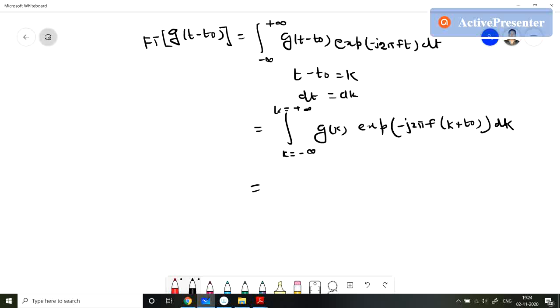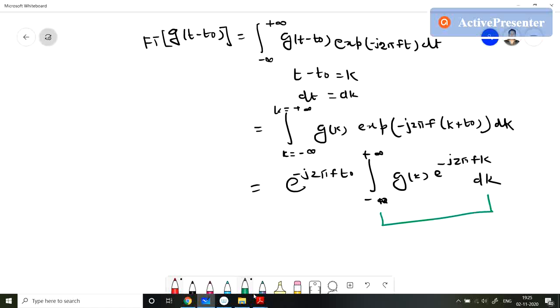What we are getting here is that we can put e raised to the power minus j 2 pi f t naught outside, because it is not a function of k. The remaining terms are the integral from minus infinity to plus infinity of g(k) e raised to the power minus j 2 pi f k dk.